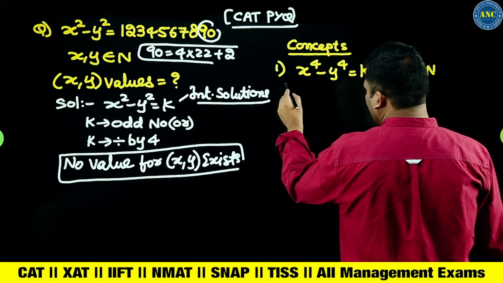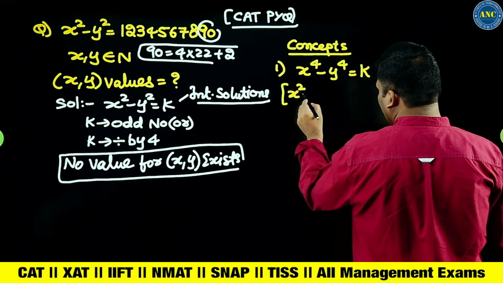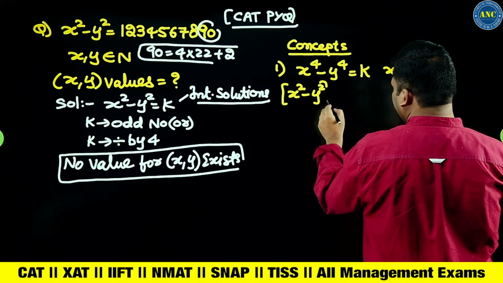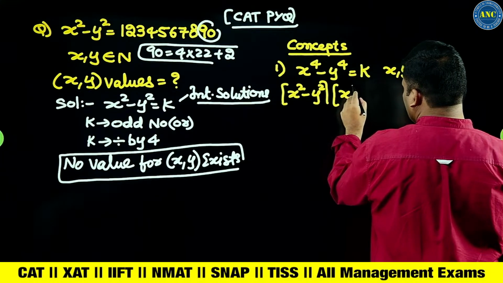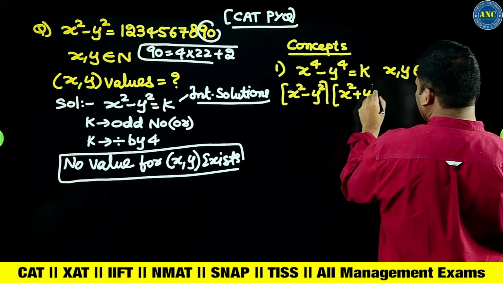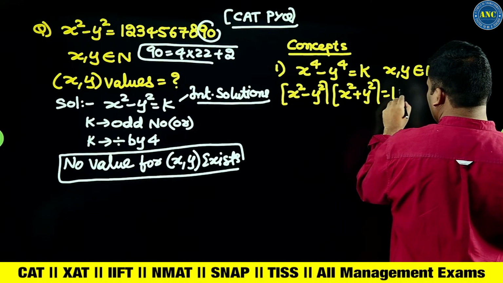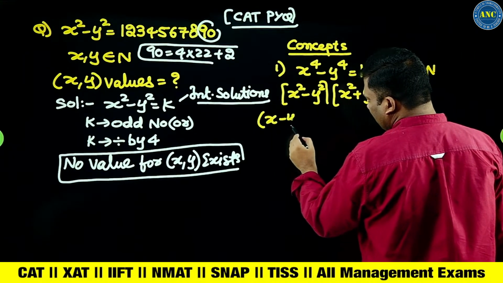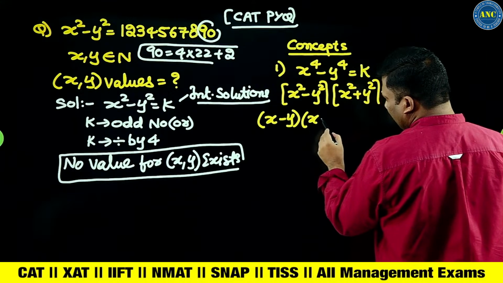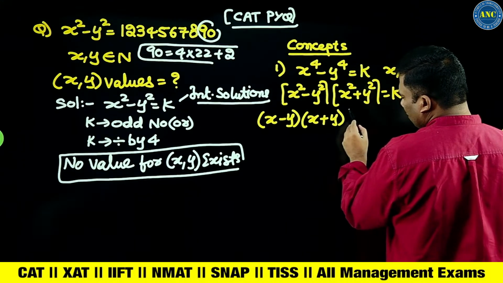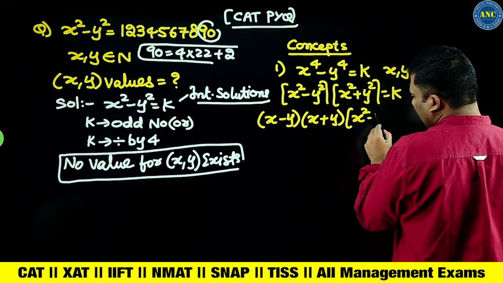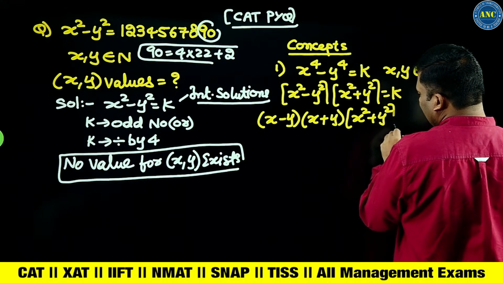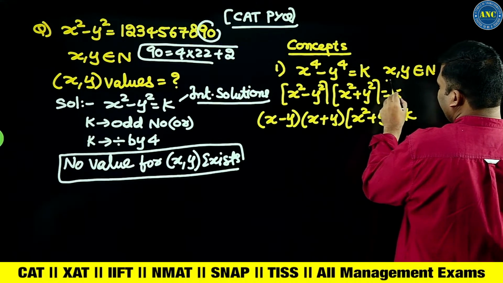This can be written as x square minus y square into x square plus y square is equivalent to k. That is, x minus y, x plus y into x square plus y square is equivalent to k.